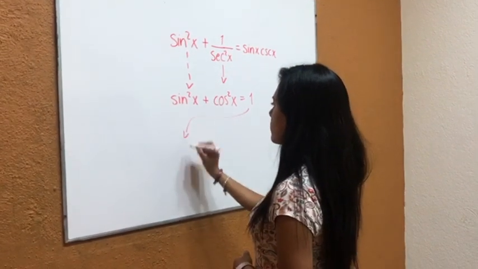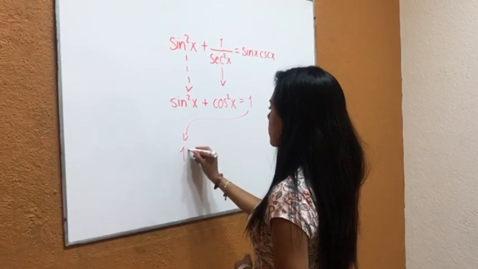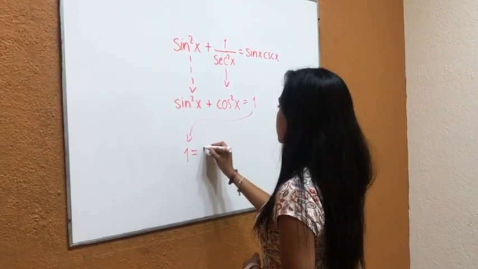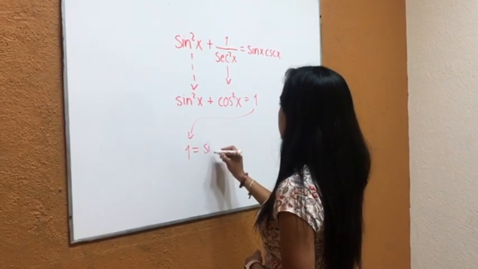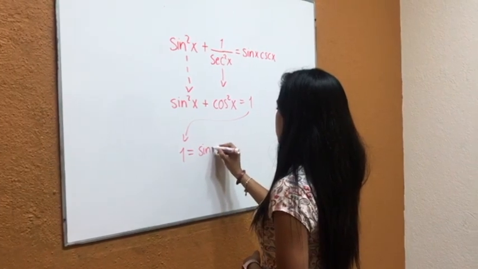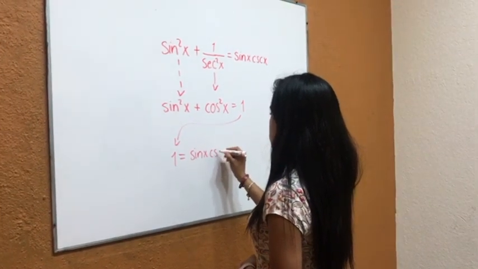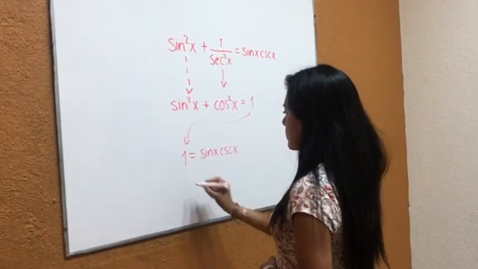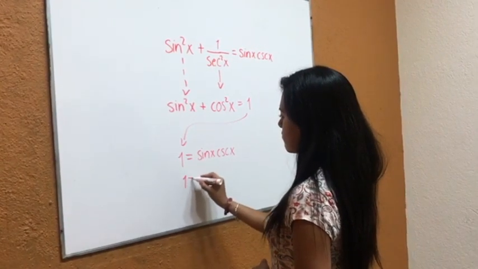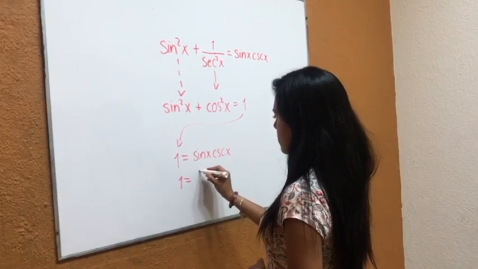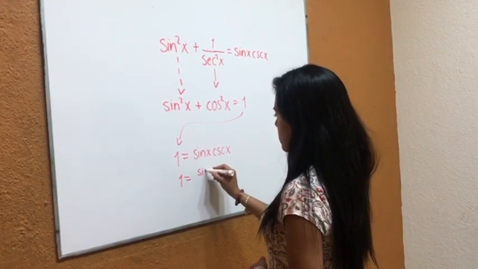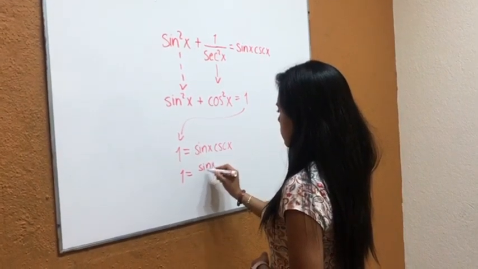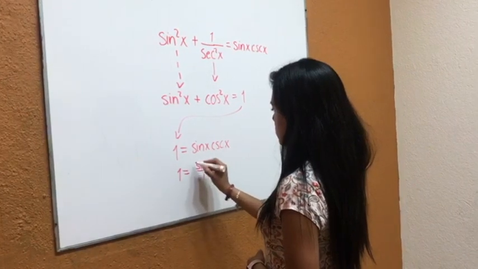So now we know that 1 equals sine of x cosecant of x. And using again the reciprocal identity, we know that cosecant equals 1 over sine of x.